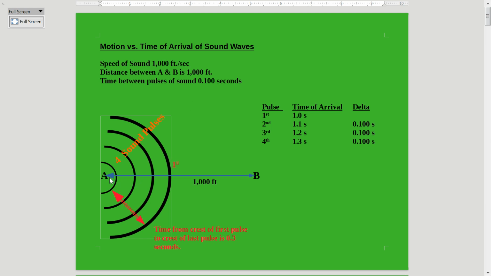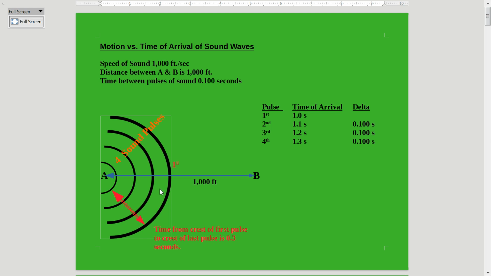The distance between points A and B is 1,000 feet. And the sound source at point A, which also has a recorder there, emits 4 pulses. The first pulse, shown in this diagram here, is on the outside. And then the second pulse, third pulse, and fourth pulse. Each one of them is separated by 1/10 of a second.